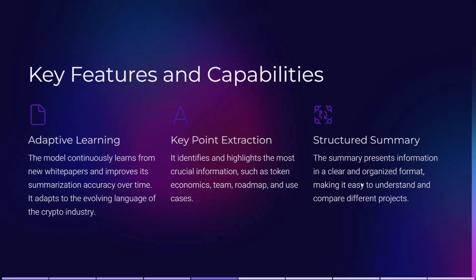And then the last one would be the structured summary. It's very important for us to have this organized summary in order to present this information in a very clear and organized manner, so that whoever has not gone through the white paper at all, for example a portfolio manager or someone from the listing team, can come in here, and after the AI model generates the result, take a look at the summary and quickly understand what this project is about.